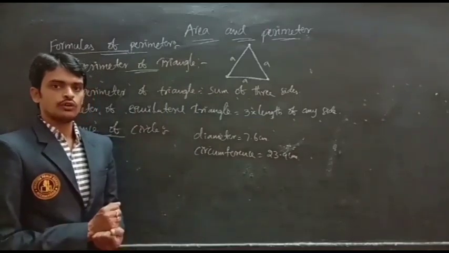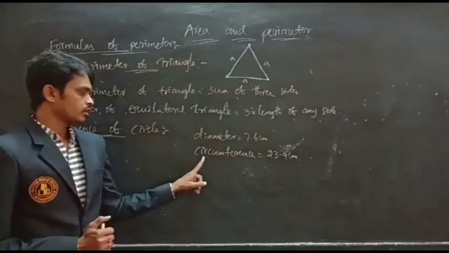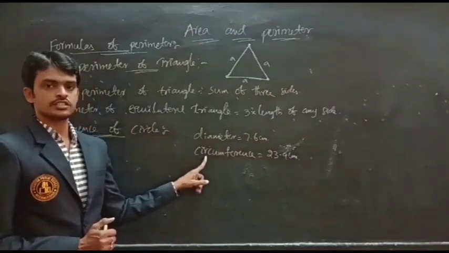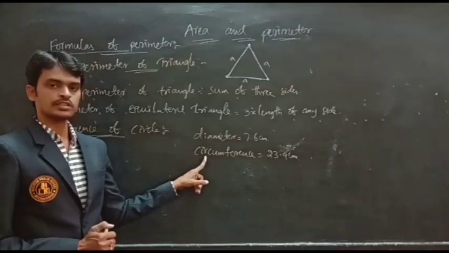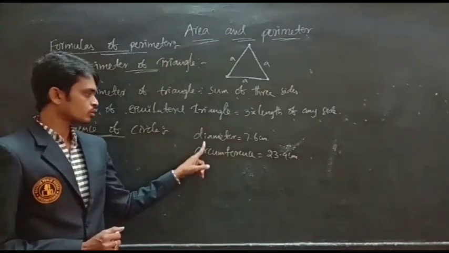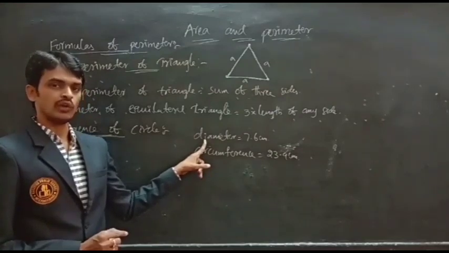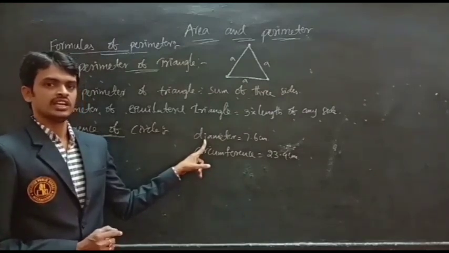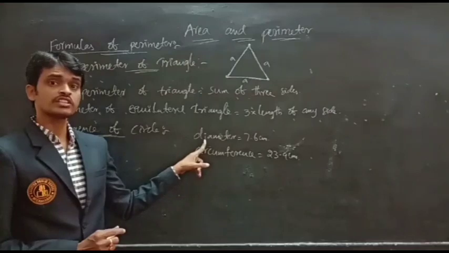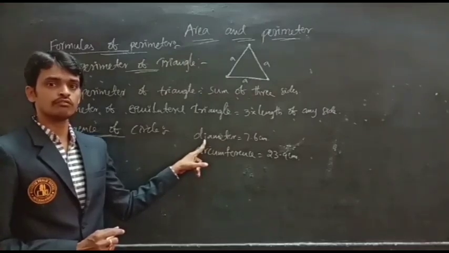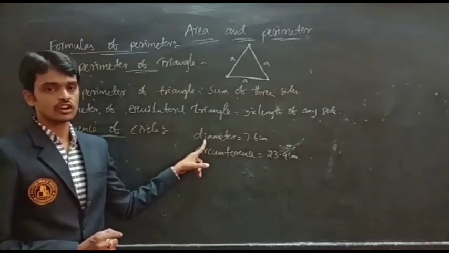The ratio of the circumference to the diameter of a circle is equal to the value pi, nothing but 22/7 or 3.14. So it is a constant value.